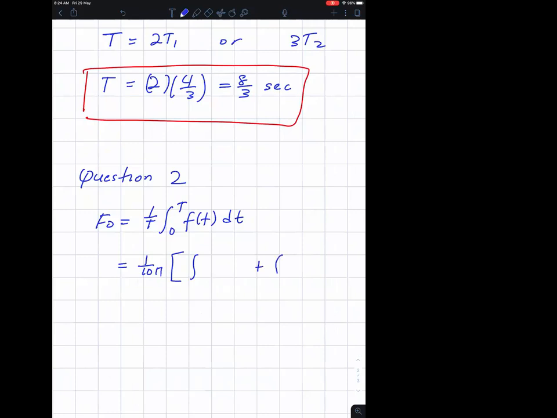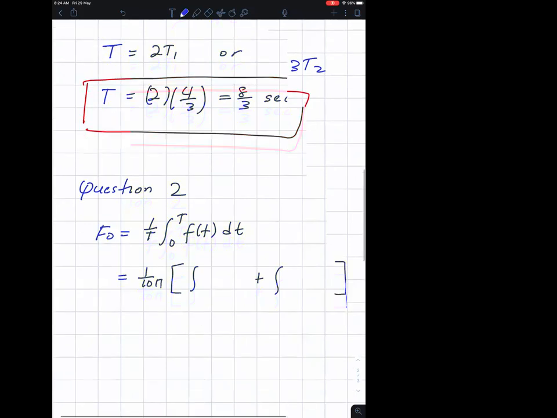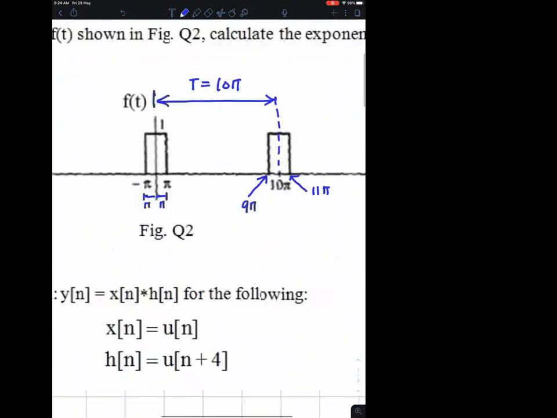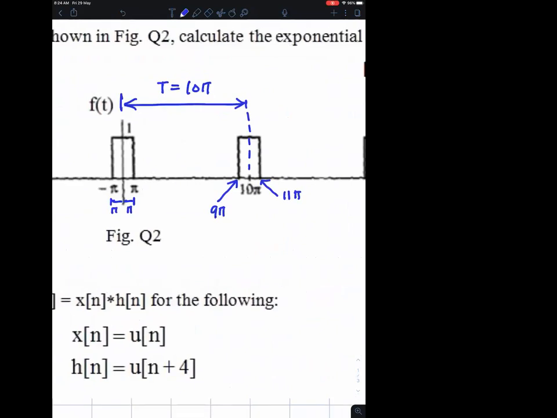I'm going to break this into two integrals. The reason for doing this is because in the period under consideration, we have one area from 0 to pi.